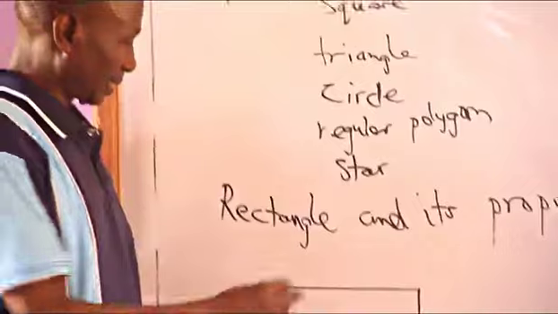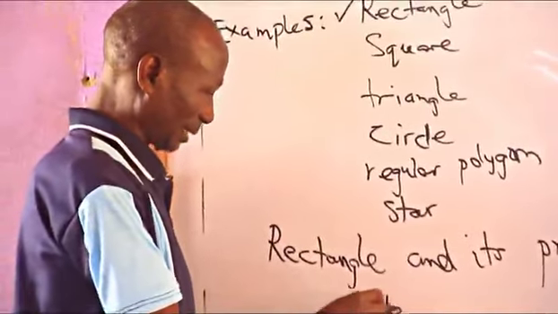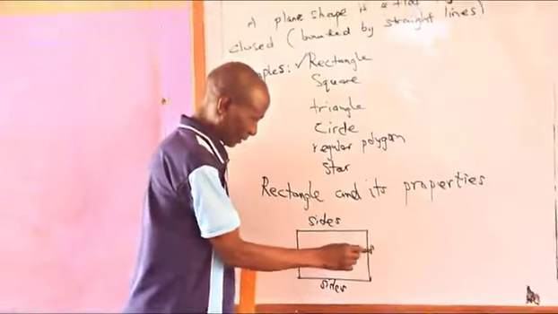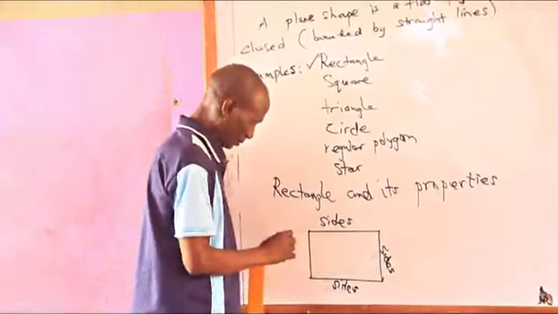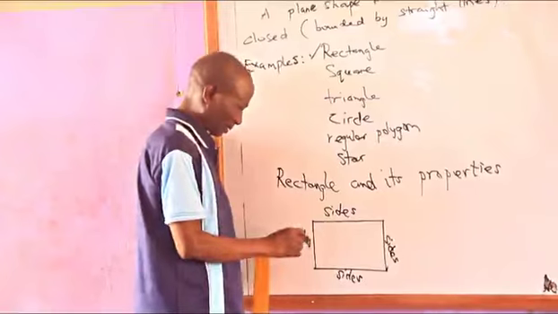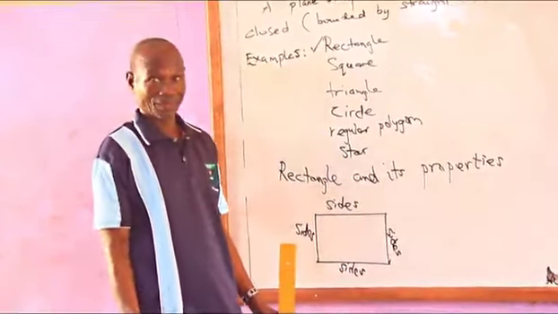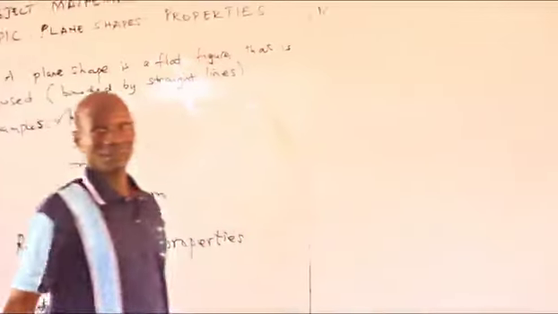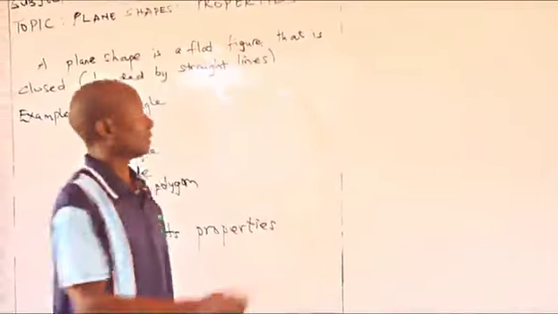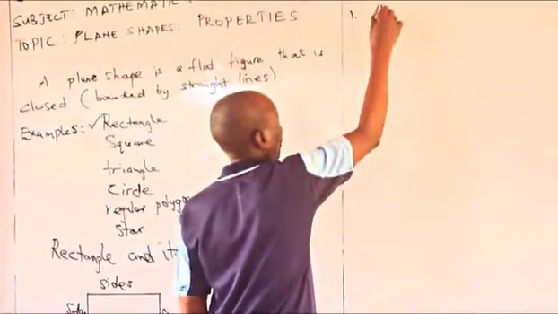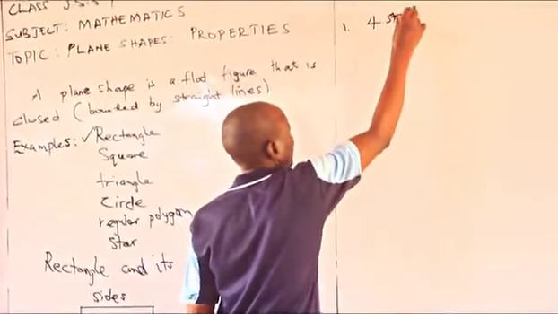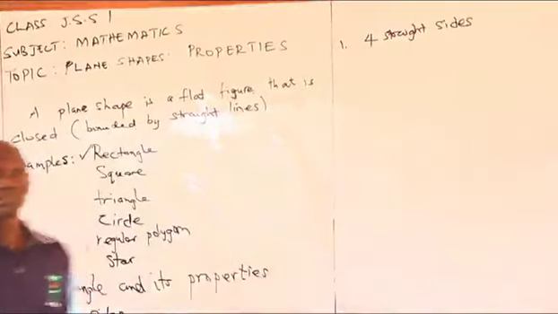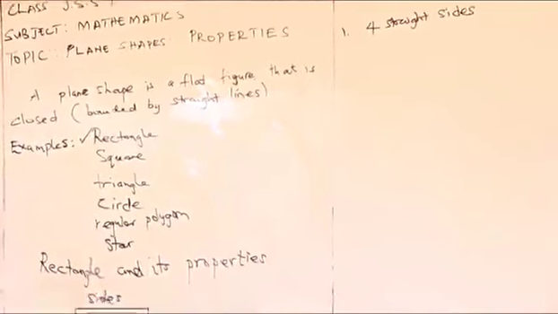The lines are referred to as the sides of the rectangle. From the diagram, one of its properties is it has 4 straight sides.